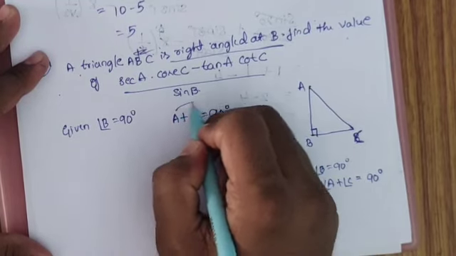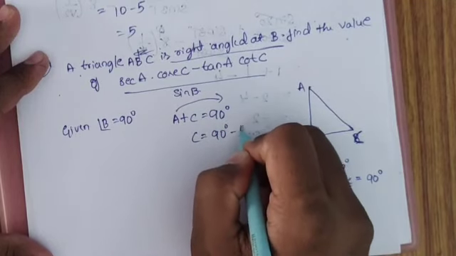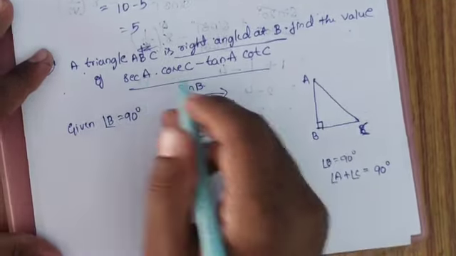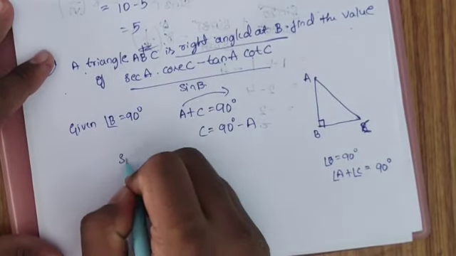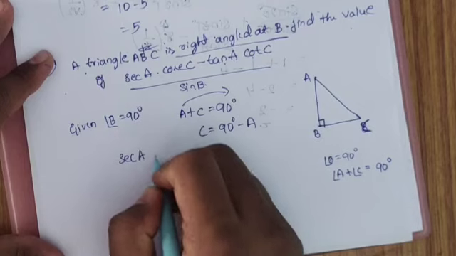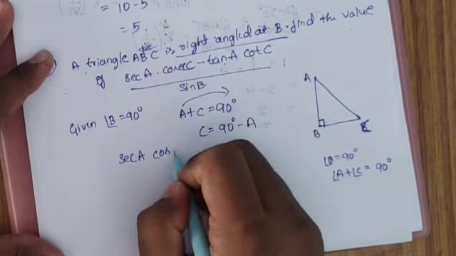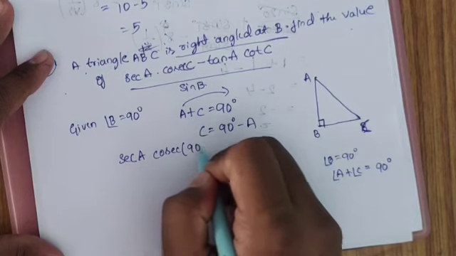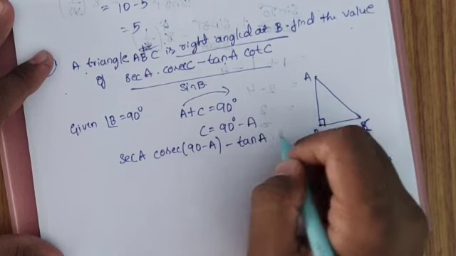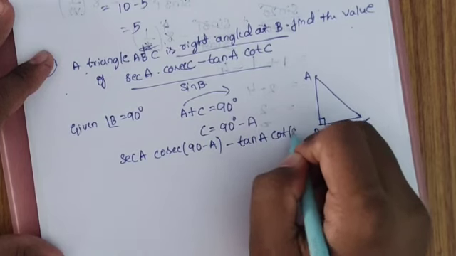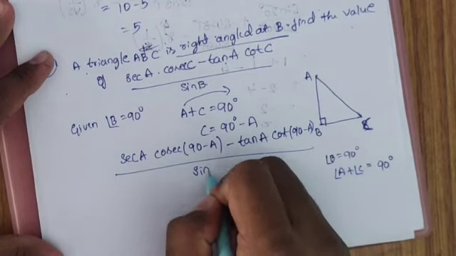So I will write angle C is equal to 90 minus A. Using this, I will change the given thing: secant A into cosecant C minus tan A into cot of 90 minus A, whole divided by sine of 90.